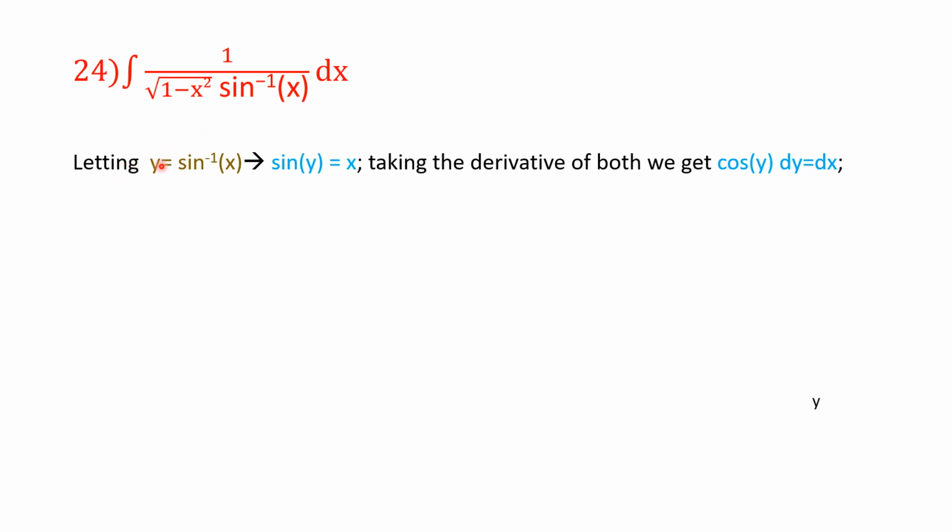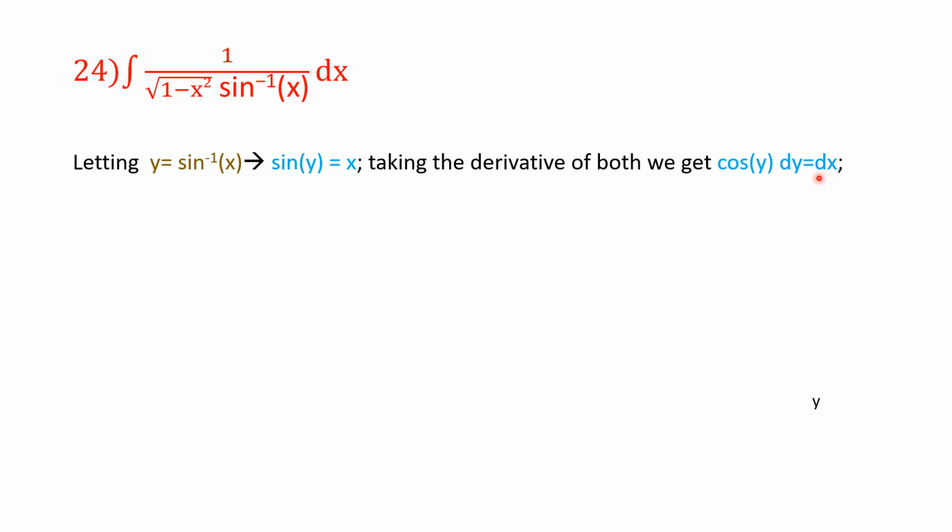Letting y equal to sine inverse of x implies sine y equal to x. Taking the derivative of both sides, derivative of sine y is cosine y dy, because y is a function of x. Derivative of x, we'll just put dx.